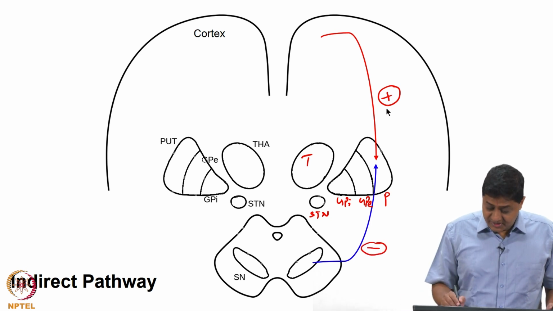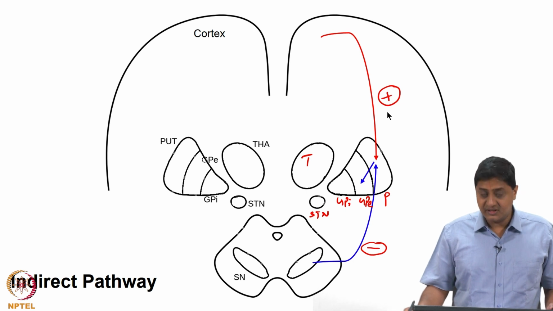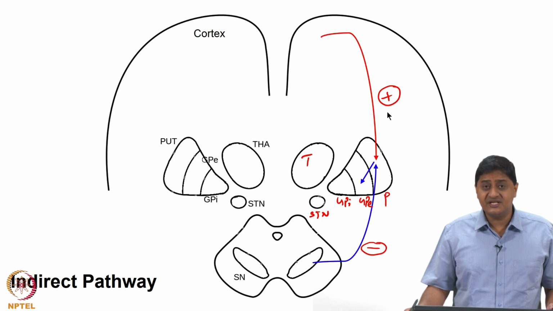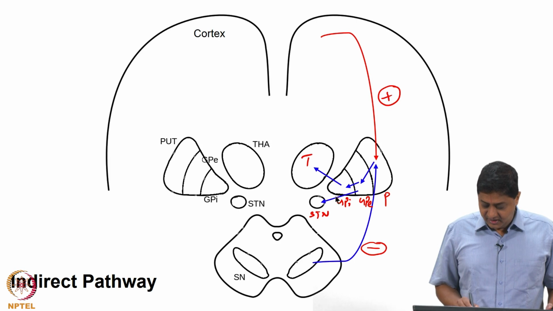So, the corticostriatal neurons excite the striatum, or in this case the putamen, which excites the neurons from the putamen to the globus pallidus external, and these are inhibitory interneurons, right. So, these are GABAergic. So, that is why the line here is blue, and they also further inhibit the neurons in the subthalamic nucleus. Right.